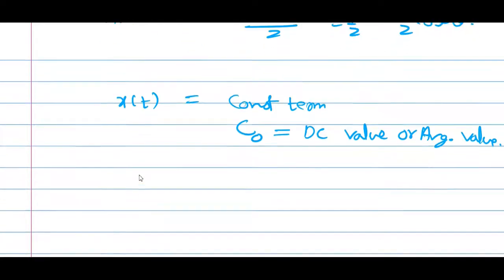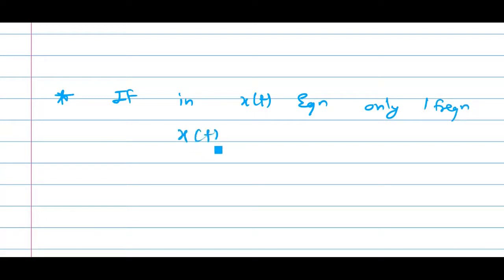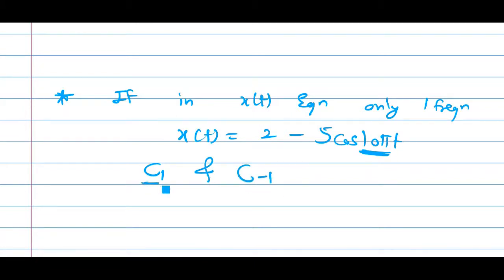One more basic point: if in the x of t equation only one frequency is present, just like x of t equal to 2 minus 5 cos 10 pi t, then we get only C1 and C minus 1 as the coefficients.